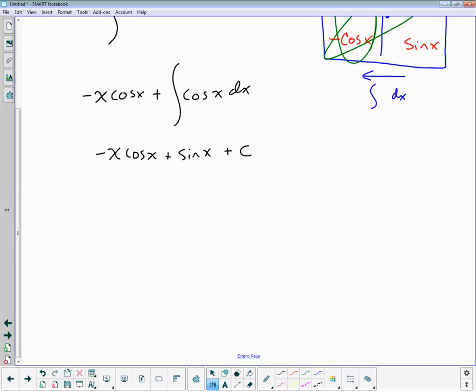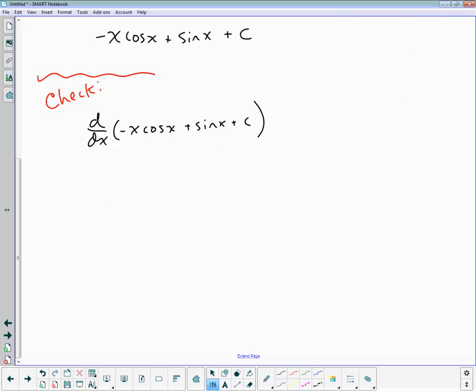And just to complete this, to make sure that I've got it correctly, if I take a derivative of that, I had better get what is inside the integrand to check myself. So, to check, all right.